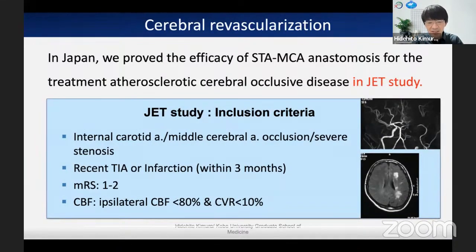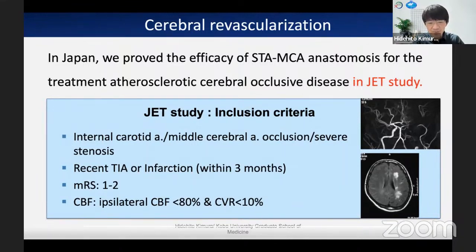It demonstrated clinical efficacy for patients suffering from ischemic disease. We performed STA-MCA anastomosis on these patients, and the outcome was good. The inclusion criteria are shown here: patients with internal carotid artery or middle cerebral artery stenosis or occlusion who suffered a recent transient ischemic attack or minor infarction.